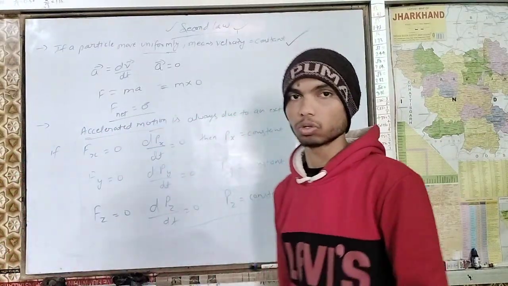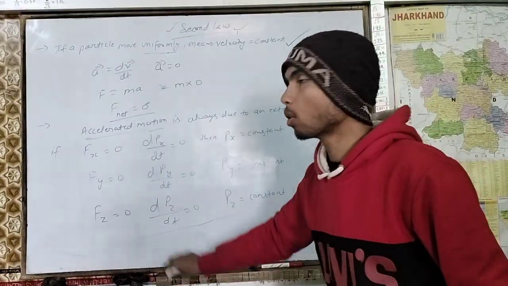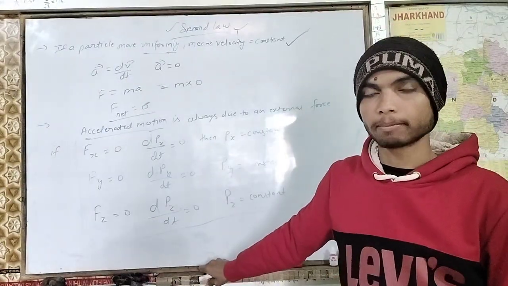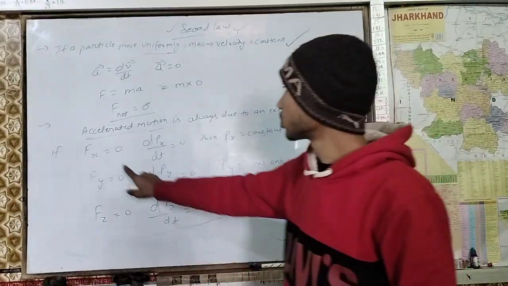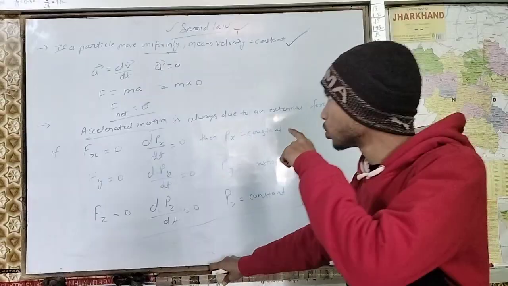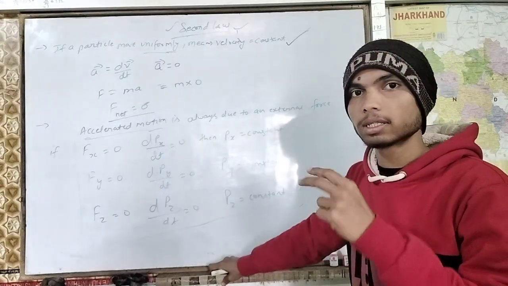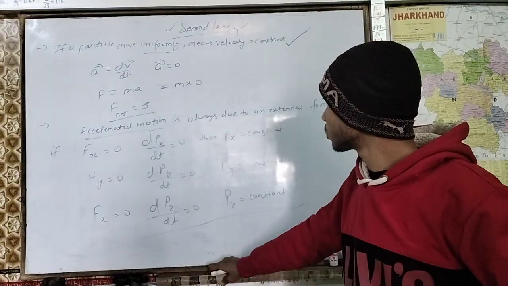Fx is equal to zero. It is telling us that along the x axis, along i cap, our force is zero. It doesn't mean that momentum will be zero. So momentum along x is a constant. Clear?